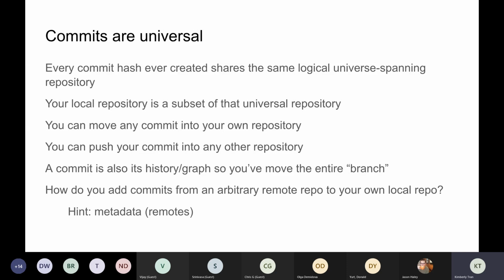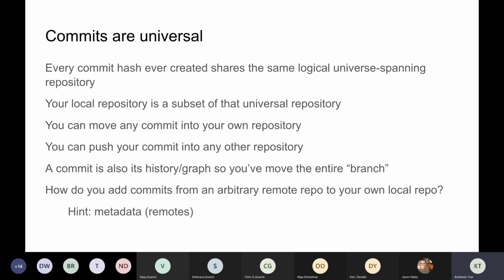The repos you have are just different slices of this universal repo. Furthermore, you can move any commit into your own repository, and you could push your commit into any repository, allowing for push rules and all that. Because the commit is also its history graph, you've moved the entire, quote-unquote, branch. So you're slinging commits around.